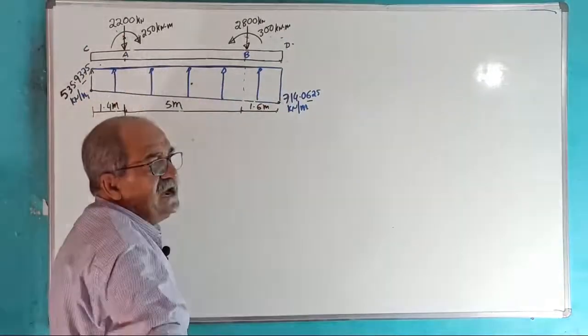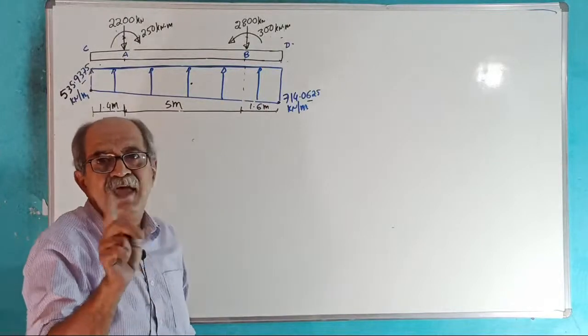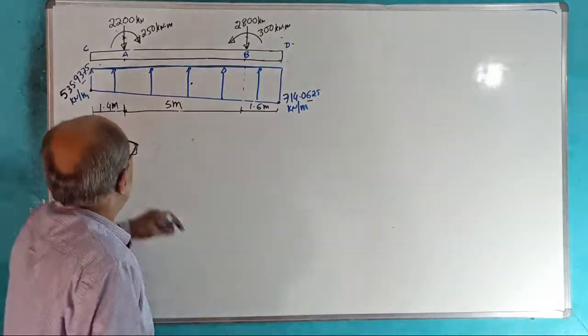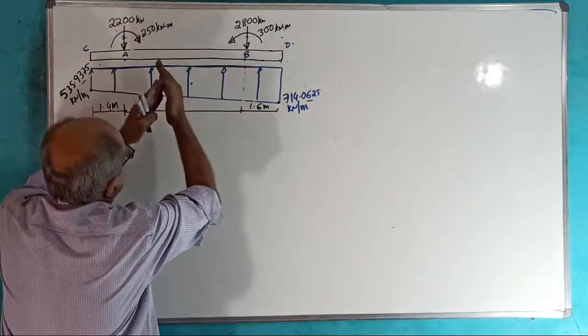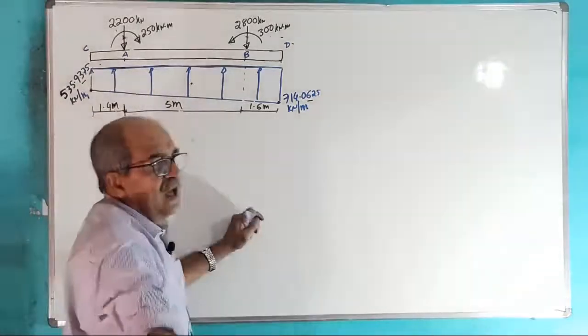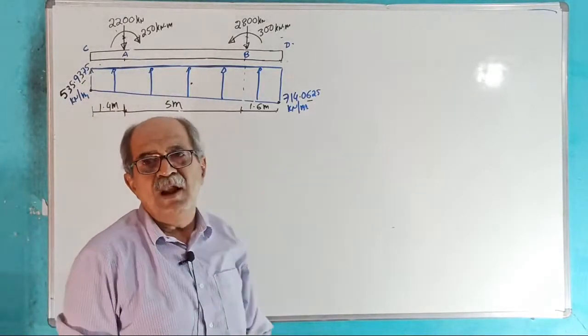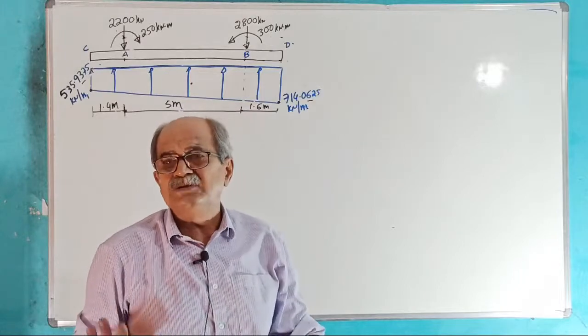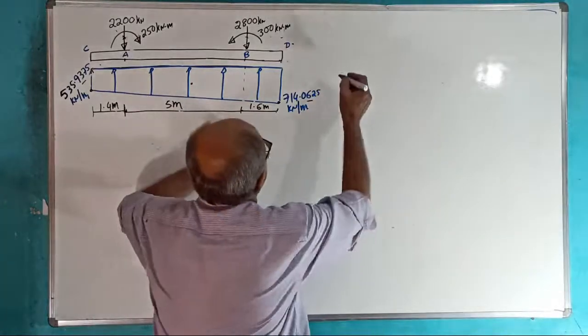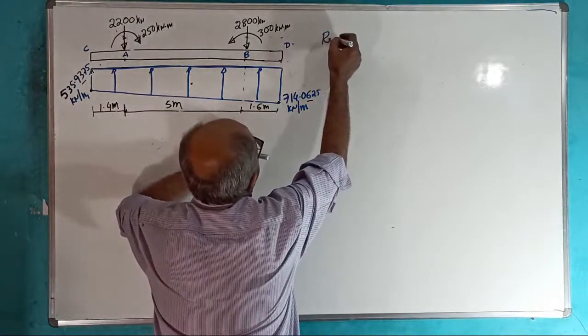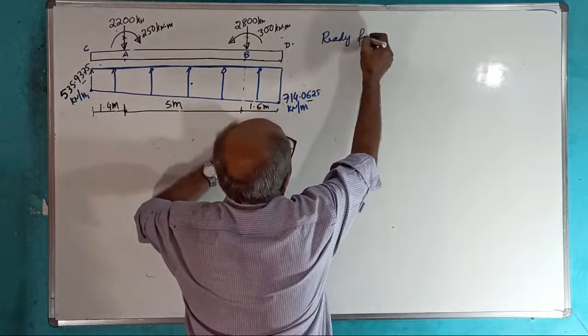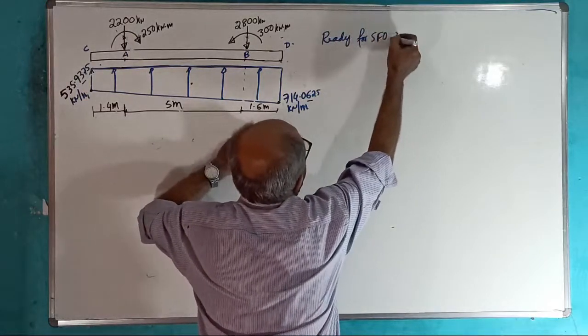Remember, the second question I will not explain this much. Why? I will bring the two columns nearby and tell you, now calculate. More work is for you then. Same as today. Okay, start. Now, ready for SFD and BMD.